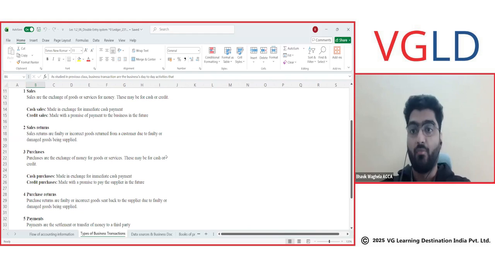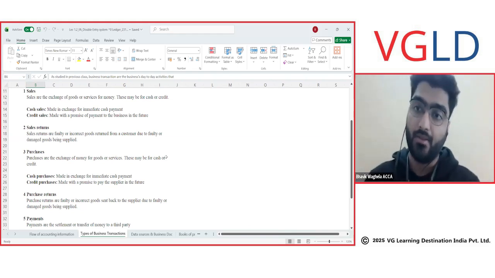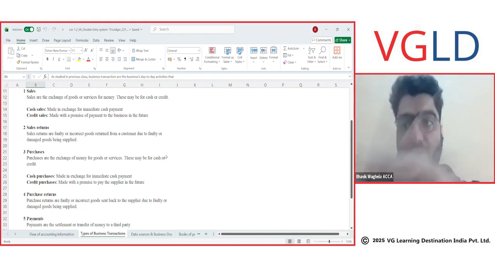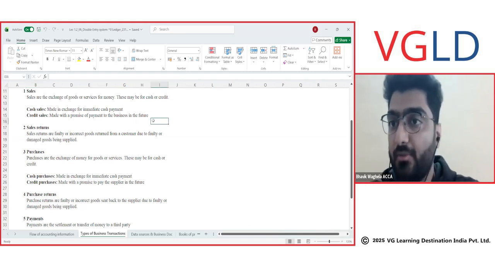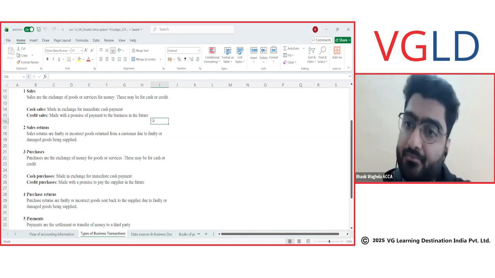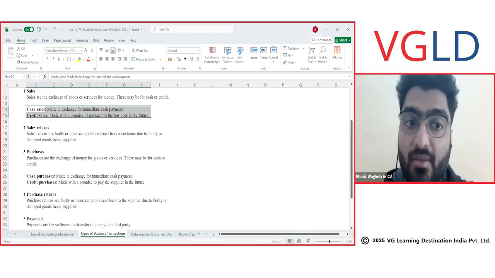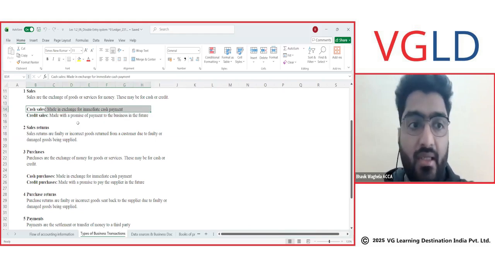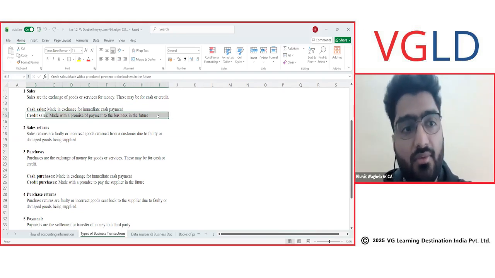And what I mean by credit sales is that the goods or services are exchanged today, but the payment will be made at a future date. This future date will be decided mutually by the buyer and the seller. So cash sales are made in exchange for immediate cash payment, and credit sales are made with a promise of payment to the business in the future.